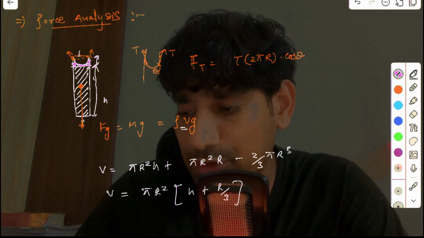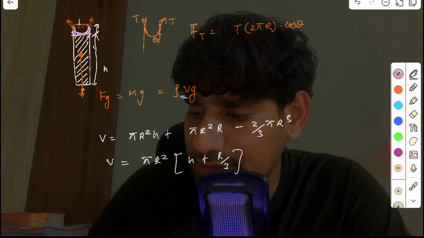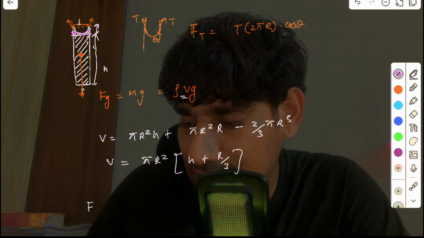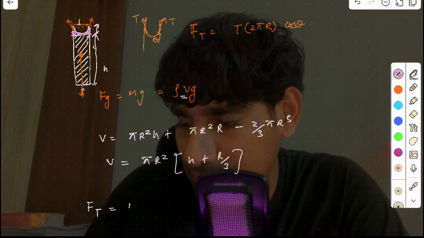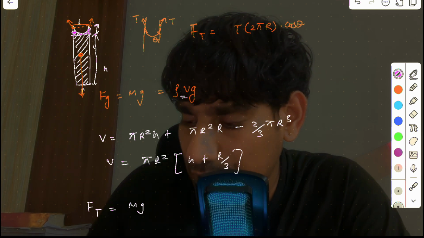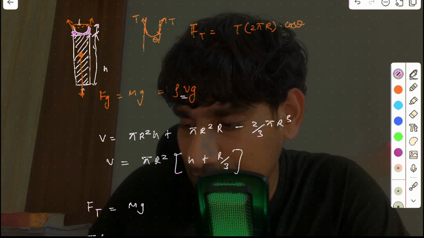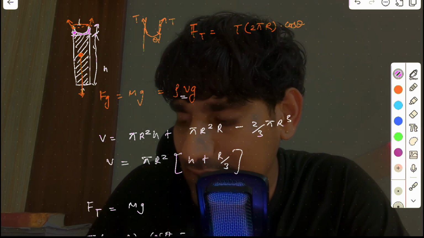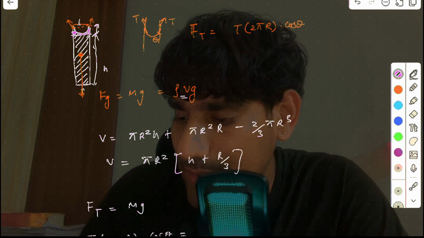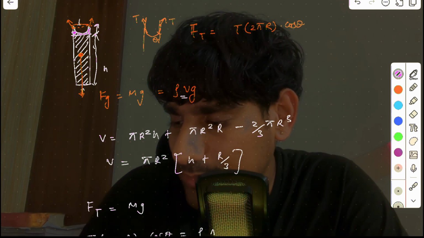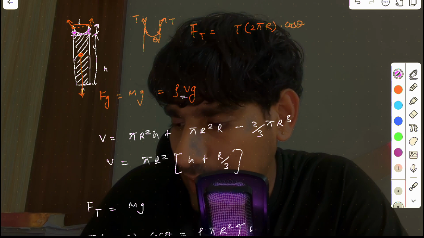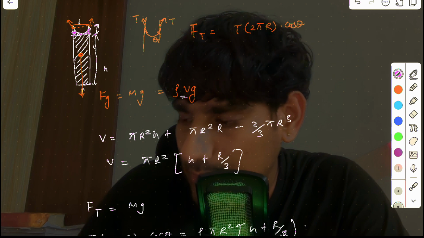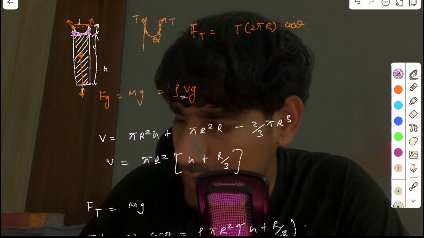Now we can equate both forces. The surface tension force equals the gravitational force mg. So T times 2 pi r times cos theta is equal to mg, where m is rho times V, and V is pi r square times h plus r by 3, multiplied by g.